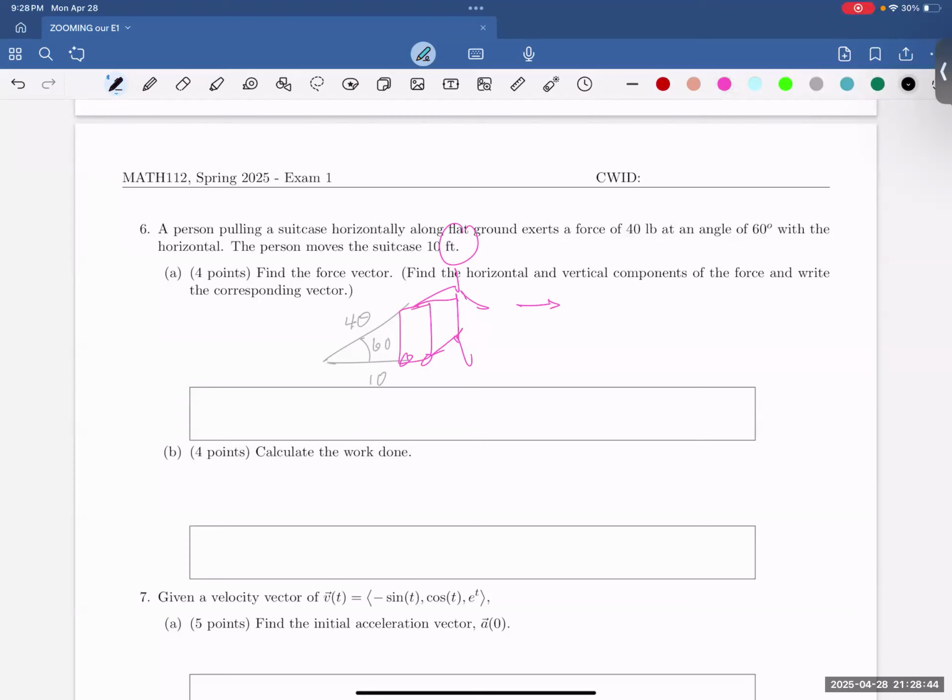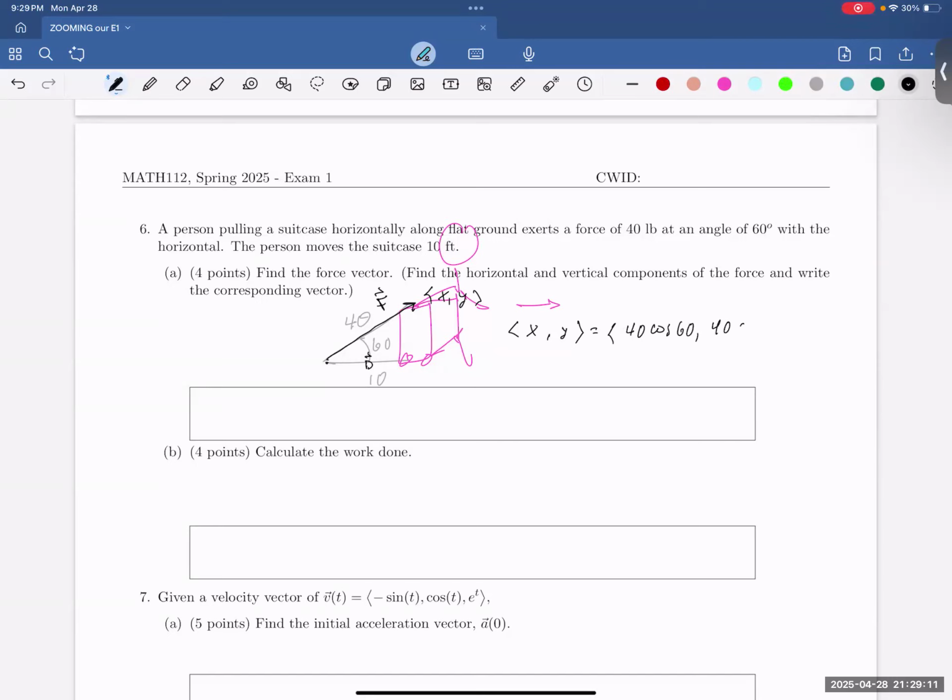Okay, so this is our distance vector. This is our force vector, and the force vector has components x and y to it. X is the length of the vector times cosine of the angle.